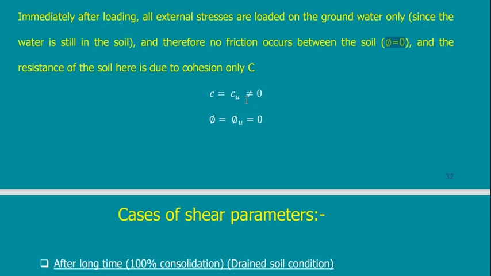Cu denotes C undrained. It means the cohesion of the soil in case water is still present and not drained. And in this case phi will be called phi undrained, but it will be equal to 0. Why? Because water is there preventing friction from happening.